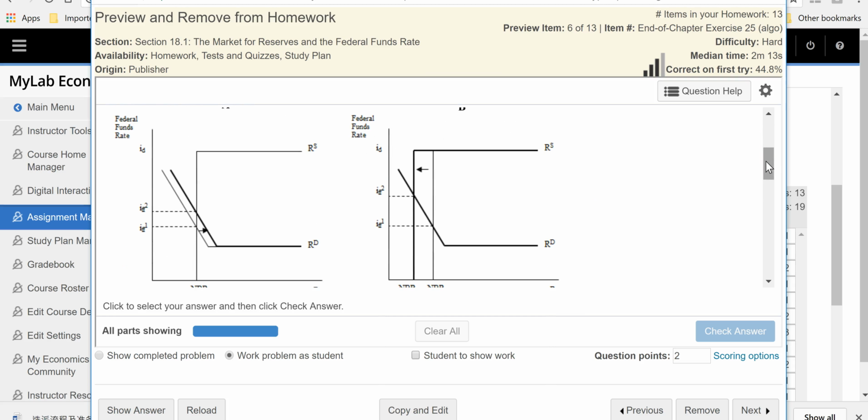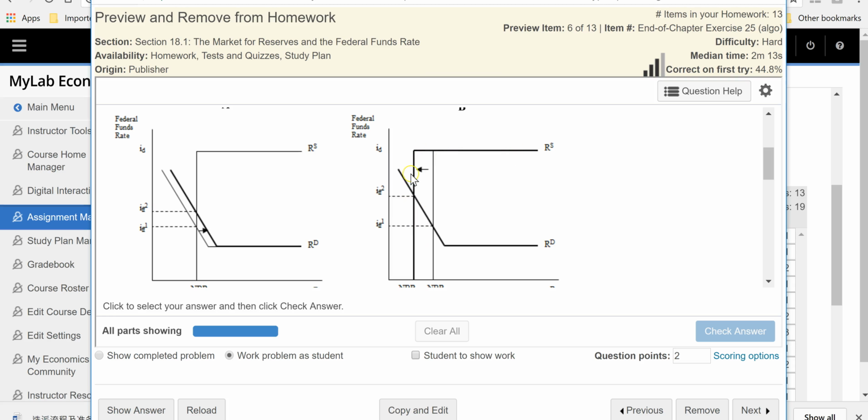We said the demand for the reserves should decrease. So we know that the demand curve is like this, right? First sloping downward, and then there's horizontal portion, and this horizontal portion refers to the interest rate paid to the excess reserves. And then the supply curve is this shaped.